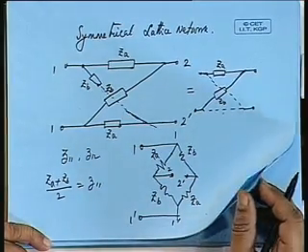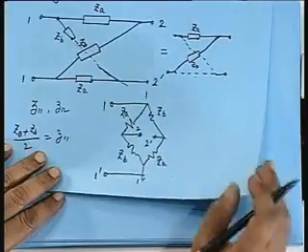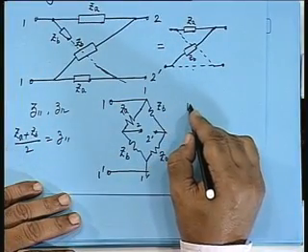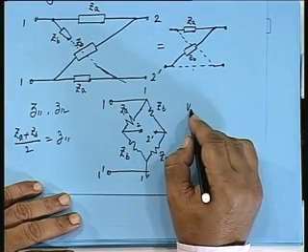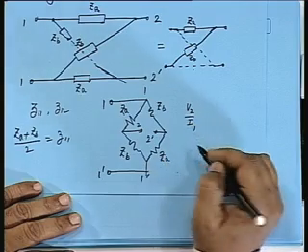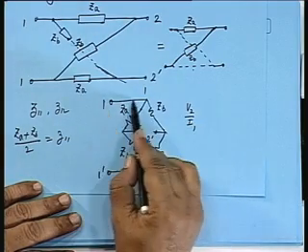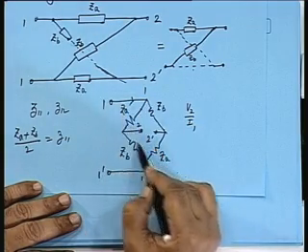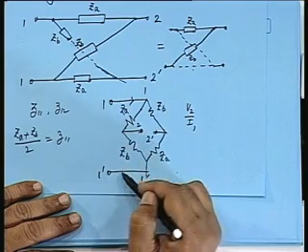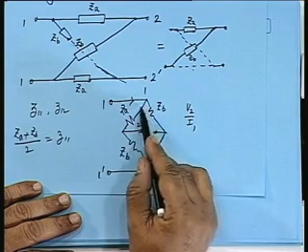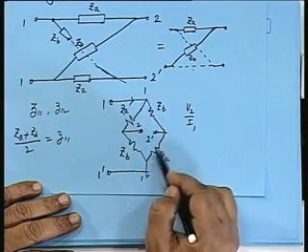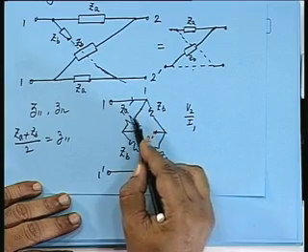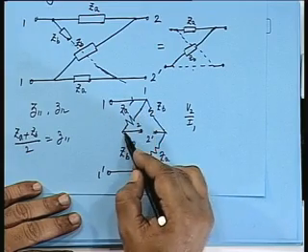What would be Z12? Z12 by definition is V2 by I1. So, when current is I1, what is the voltage across this? Current is I1, this is I1 by 2, this is I1 by 2. So, I1 by 2 into ZA is the drop here.